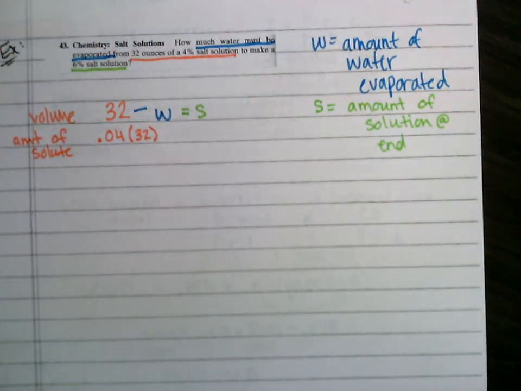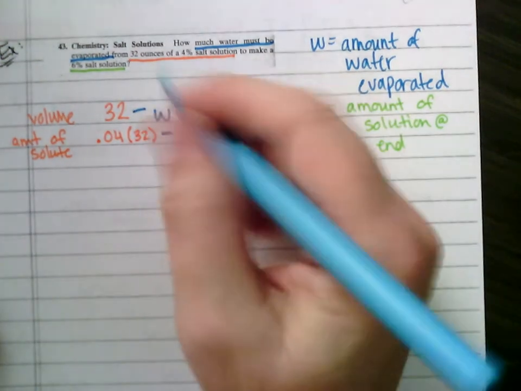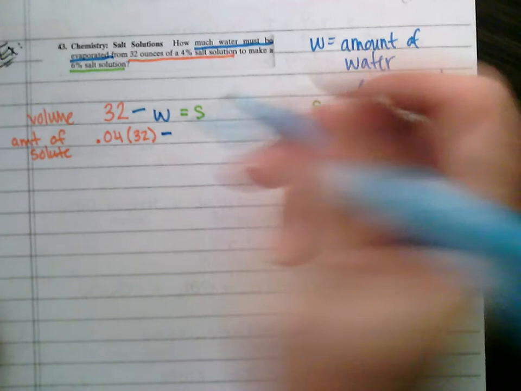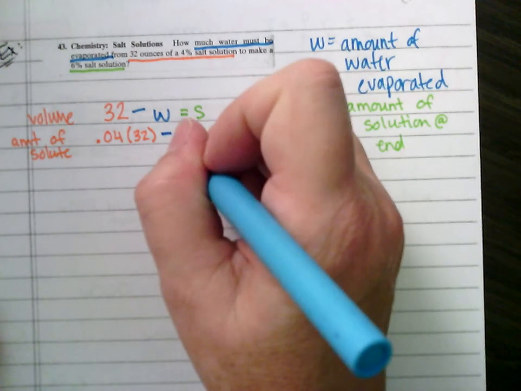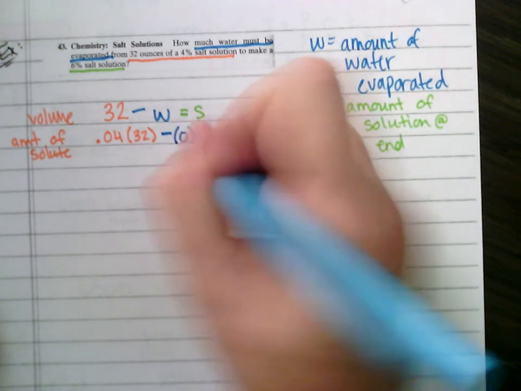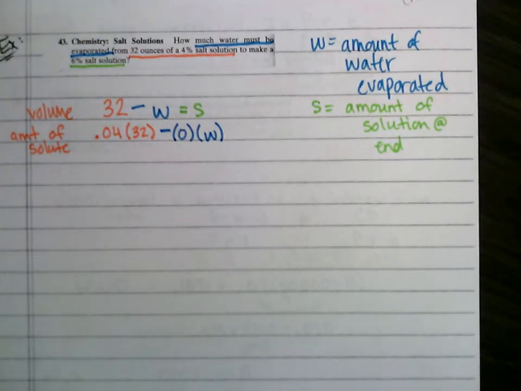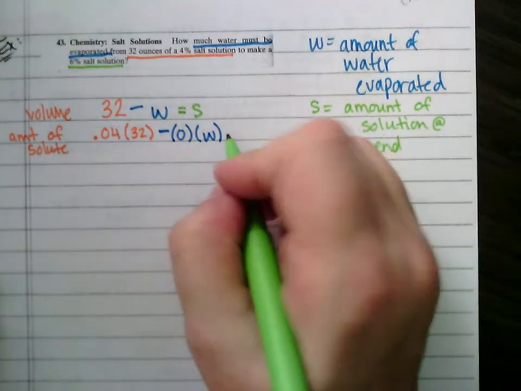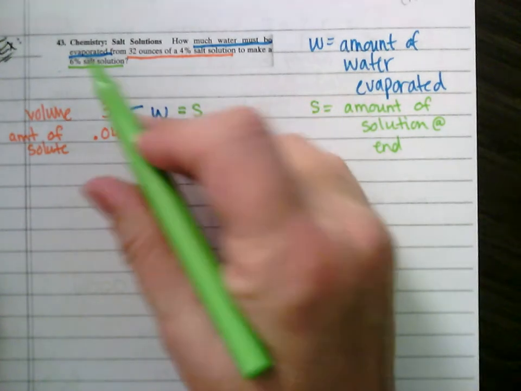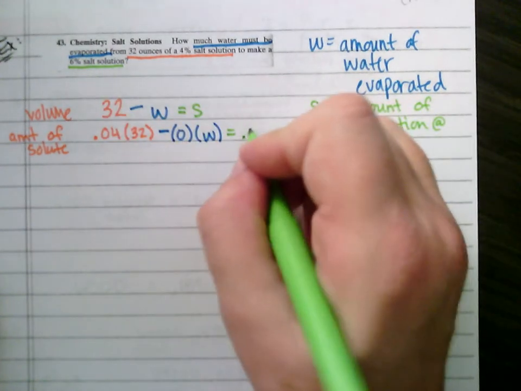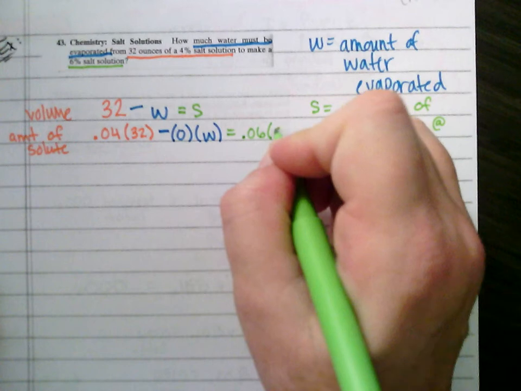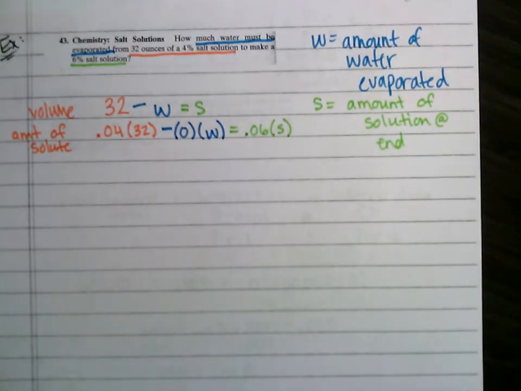Now, since we're evaporating water, we want to subtract the percent concentration of water, which is 0%. So we're going to take 0 times W for our volume. And then at the end, we want to end up with 6% solution. So 0.06 times the volume, which was our other variable S.